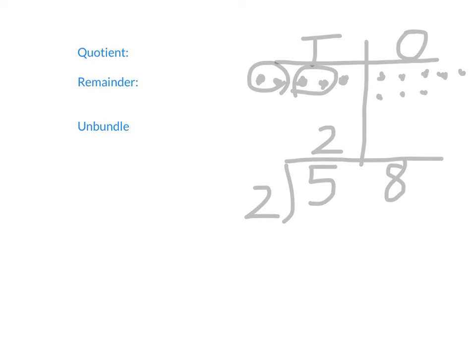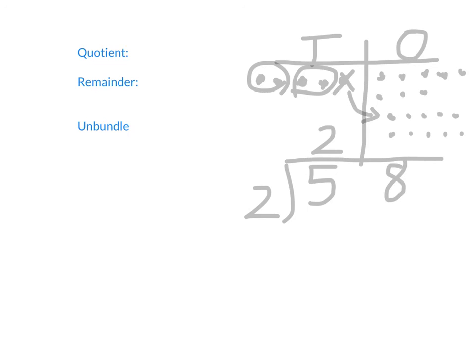In that case, we must unbundle it and bring it to the ones, where we have an additional 10. 1, 2, 3, 4, 5, 6, 7, 8, 9, 10. Now instead of 8 discs, we have 18 discs.